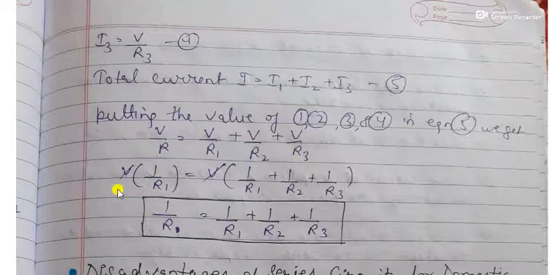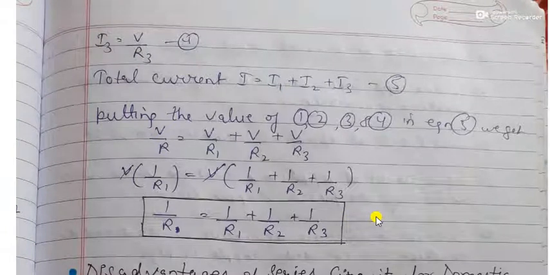Again we will take V common and it will cancel out from both sides. So the total resistance of the circuit in parallel connection can be obtained by this formula: 1/R = 1/R1 + 1/R2 + 1/R3.